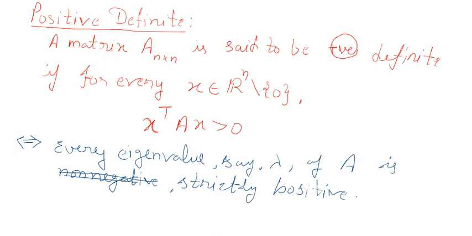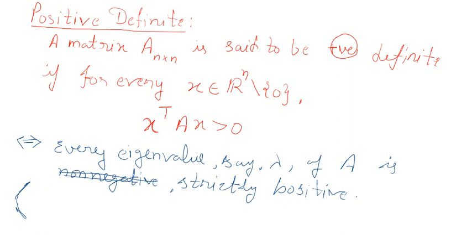To get this definition, you can easily show it. Let's say an eigenvalue is lambda and the corresponding eigenvector is x, non-zero.